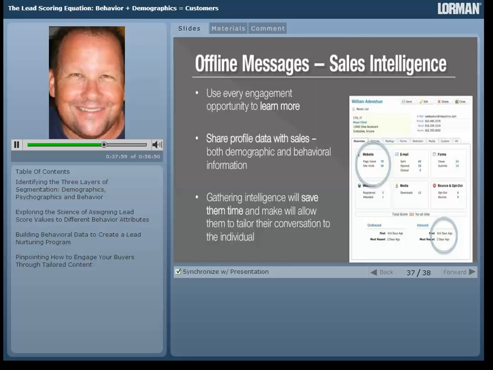And from a marketing database access side, sales can really access entries in the marketing database from their Salesforce automation dashboard or whatever CRM they have in place, and they can see the aggregate data, including demographic and behavioral data, search terms that may have been used.